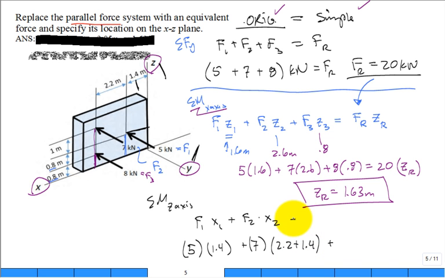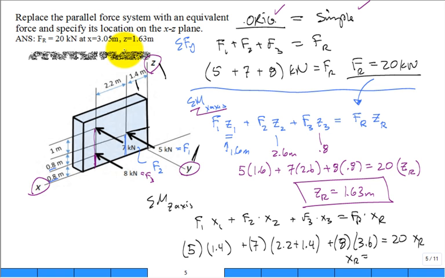And then F3 times X3, so it'll be 8 kilonewtons times the same 3.6 moment arm distance. And that's equal to our 20, F of R, times X of R. We have only one unknown, solve for X of R. And when you do, you find out the X of R comes in at about 3.05. So that's where it should be applied. So the resultant force has a magnitude of 20 kilonewtons, and it should be applied at 3.05 in the X and 1.63 in the Z on that face.